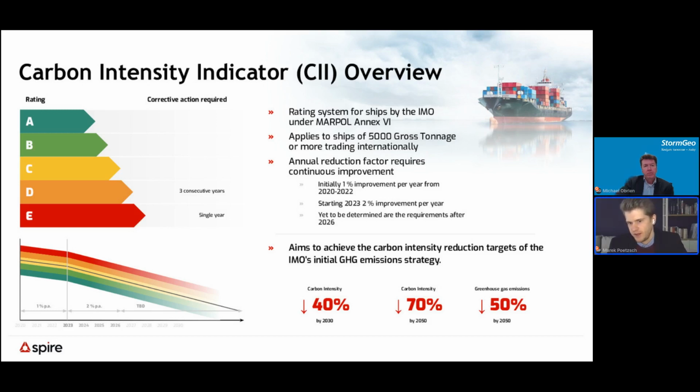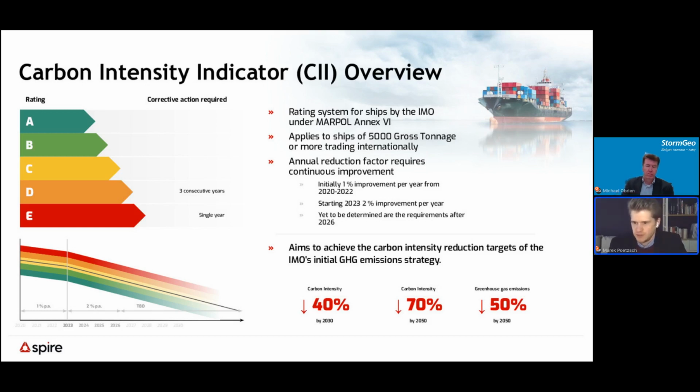CII provides a rating with separate categories from A to E. And beyond that, it also has built in a kind of continuous improvement that already started essentially in 2019 with an annual improvement required per year of around 1%, which essentially provides the starting point of the CII data collection that is starting this year and providing the data for the first CII rating in 2024.